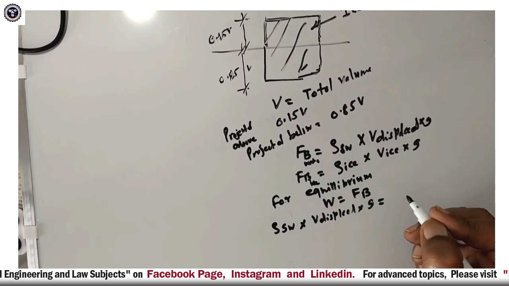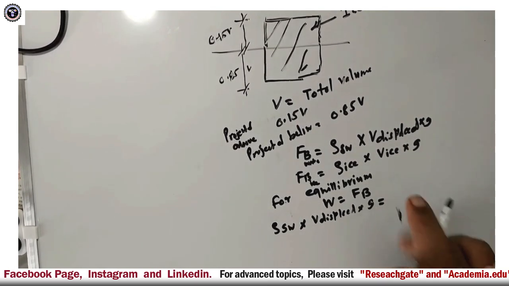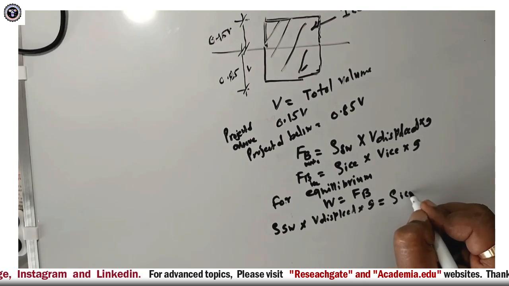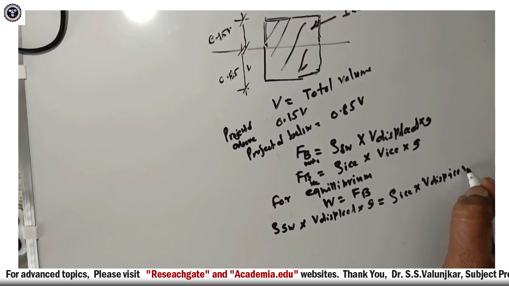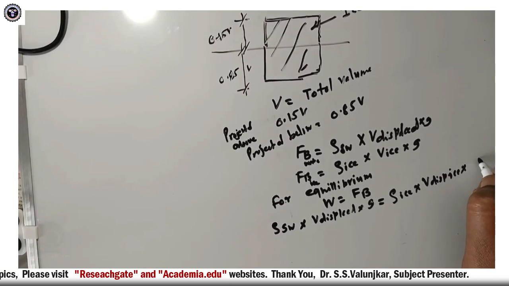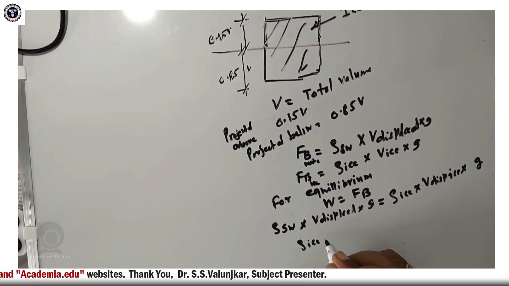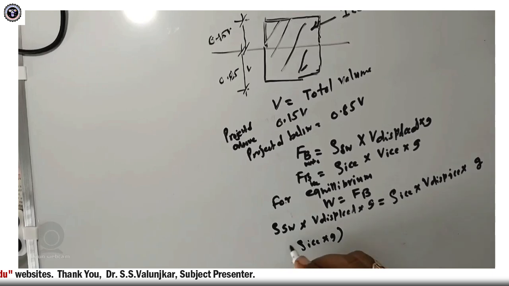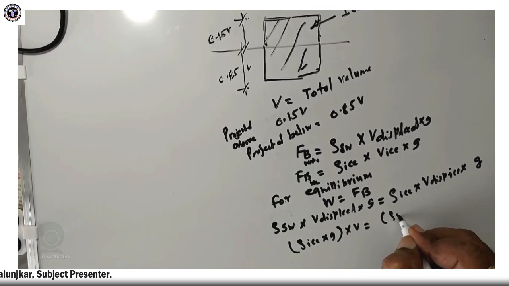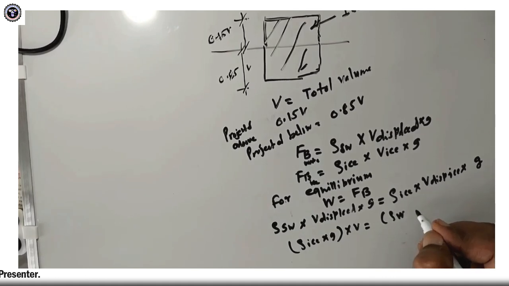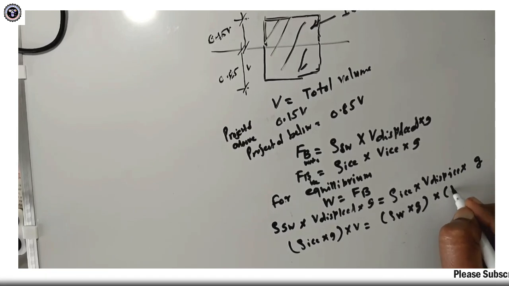So rho ice into V into G is equal to rho water into G into V for water.